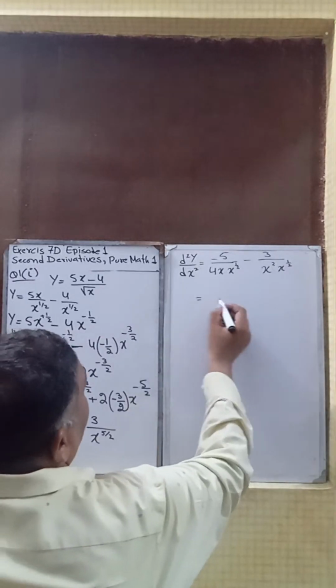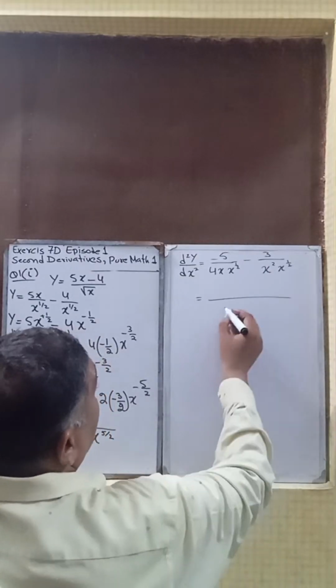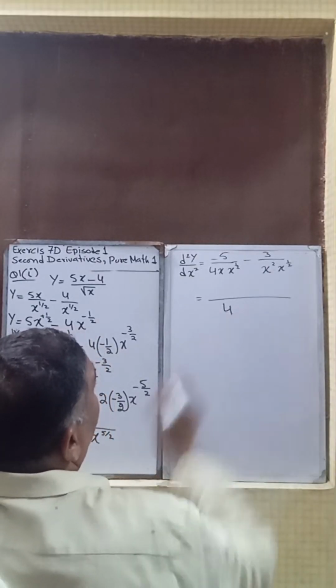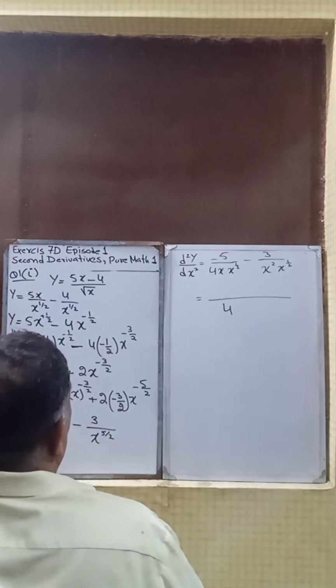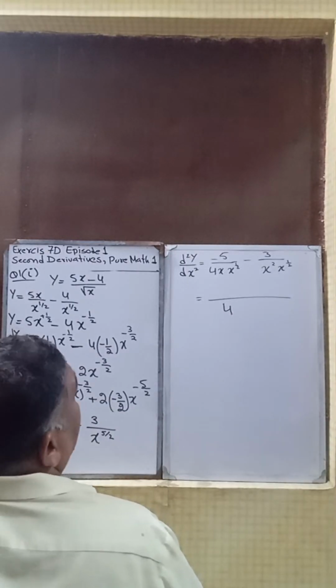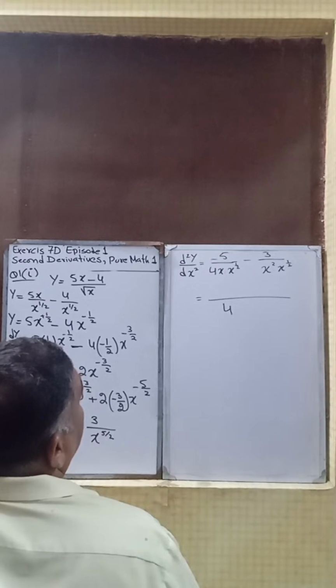So now I will take the LCM. The LCM will be 4, and it was 5 somewhere, yeah. And the LCM is, what is the common power there?